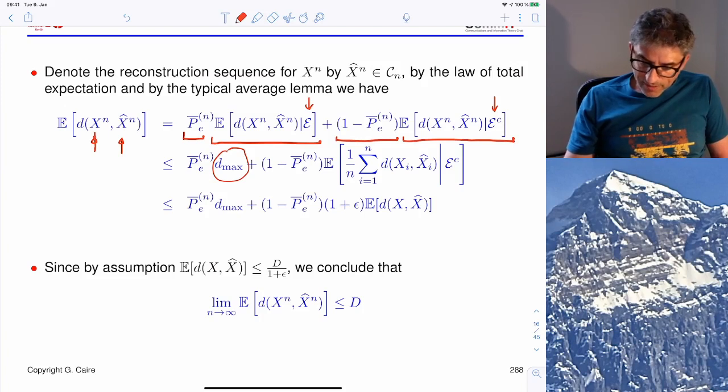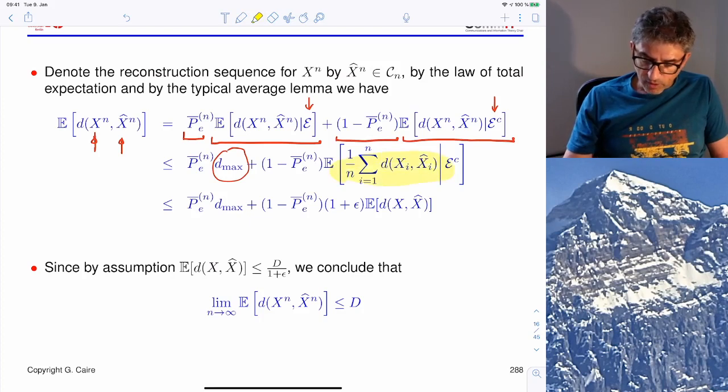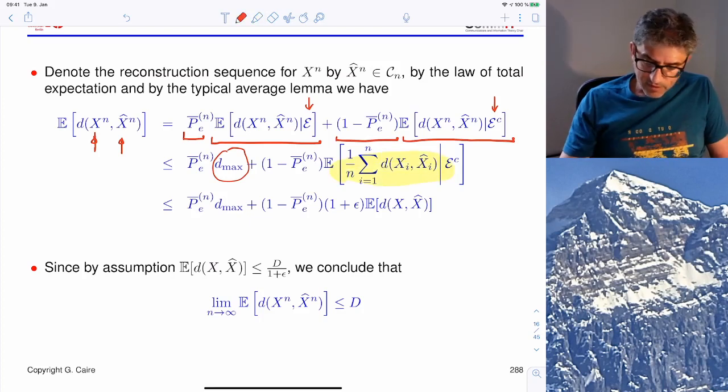Now, to analyze the other term, the term in the case of no error, it means that the sequence x and the sequence x hat are jointly typical. And what happens to the empirical mean of two jointly typical sequences?